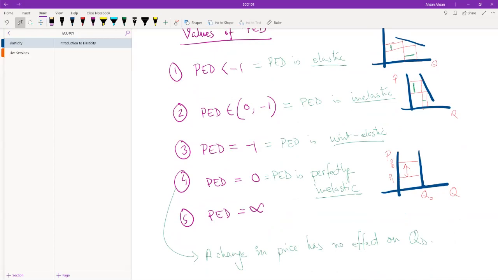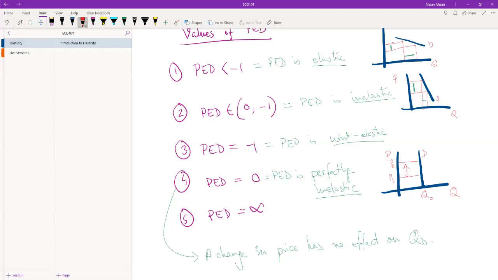What type of goods experience a perfectly inelastic demand curve? Remember, these are demand curves. This is demand, this is demand. So what type of good will experience no change in quantity demanded, regardless of what's happening to the price level? And the answer is necessary goods.